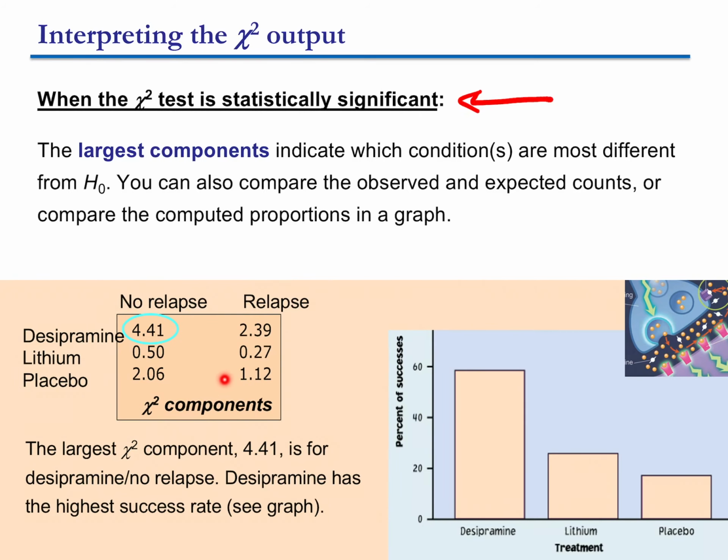If you look at the figure down here, percent of successes, you see that 4.41, no relapse, that's a success, correlates with this high percentage of successes for decipermine. That large component of 4.41 is what's driving this significance. That's why our p-value is significant, and also to a secondary extent, this large component for relapse as well. So it looks like decipermine is actually having an effect, more so than we would expect under our null hypothesis, more so than we would expect if there was no relationship here.